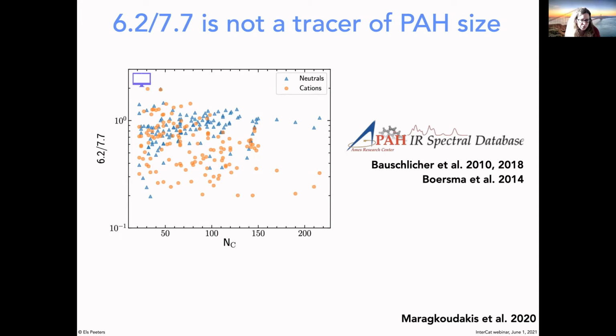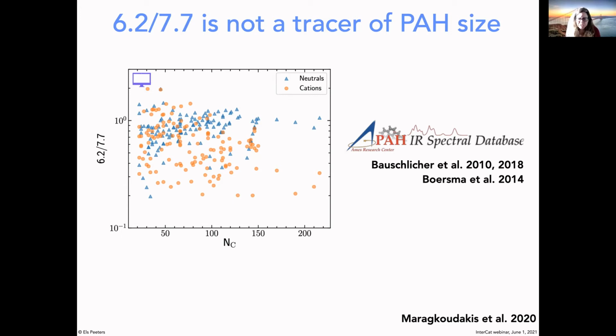And if you look at that ratio as a function of size, which is given on the x-axis, you can see that either for neutrals or cations, it doesn't matter. There is really not a dependence on PAH size.